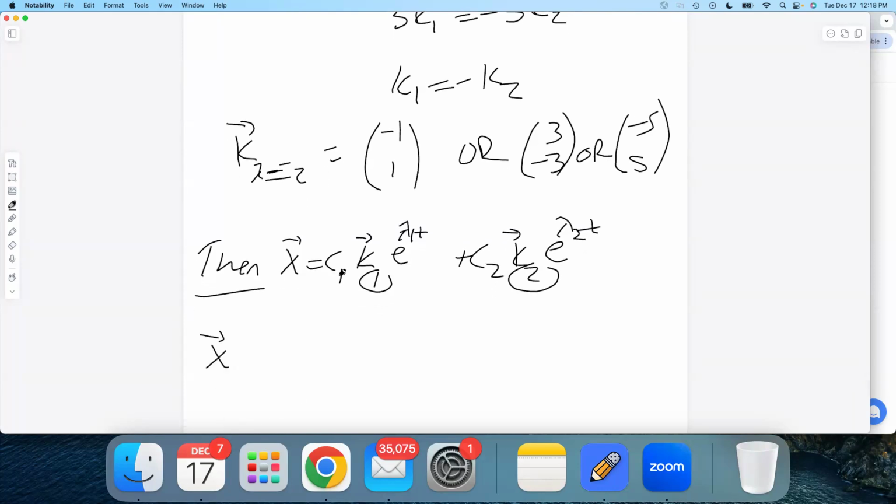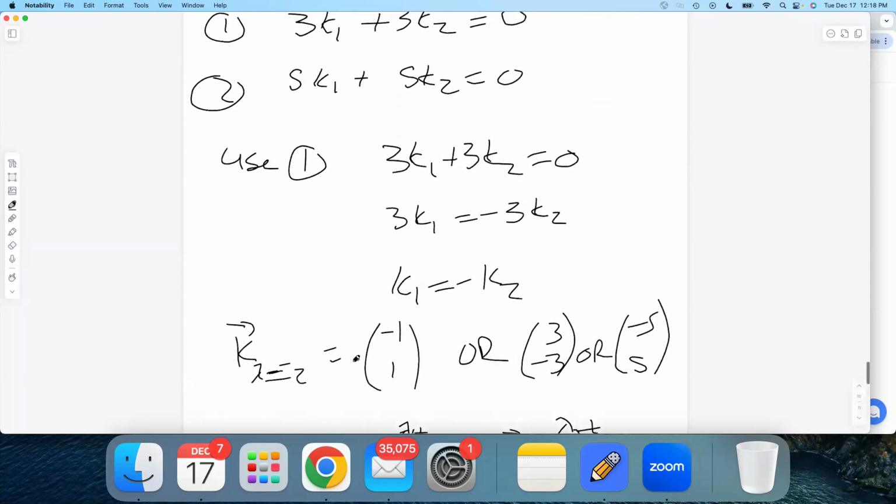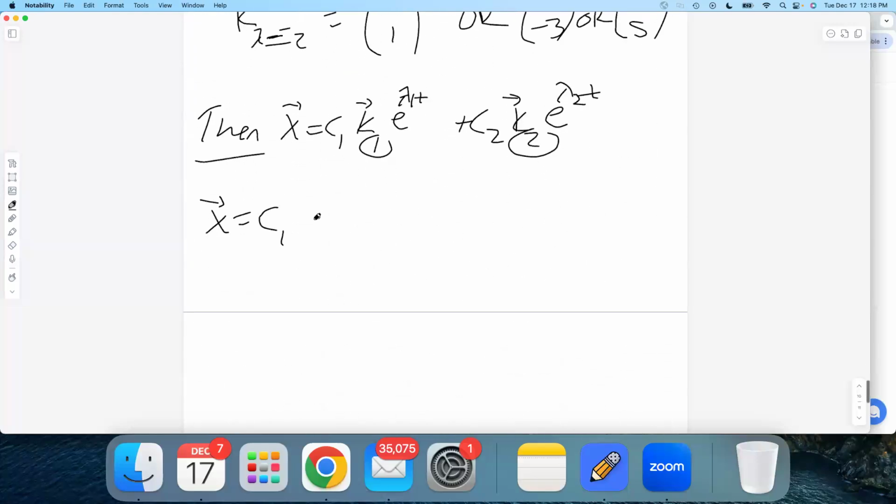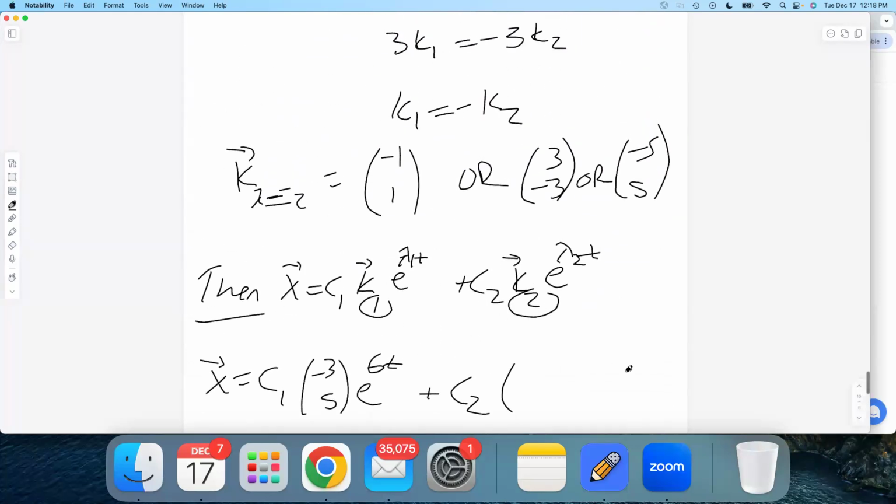If we switch the order of the C1 and C2 terms here, of course that doesn't matter. So C1, what was my K for this eigenvalue? -3, 5, e to the 6t, plus C2, the second eigenvector, -1, 1, e to the -2t.